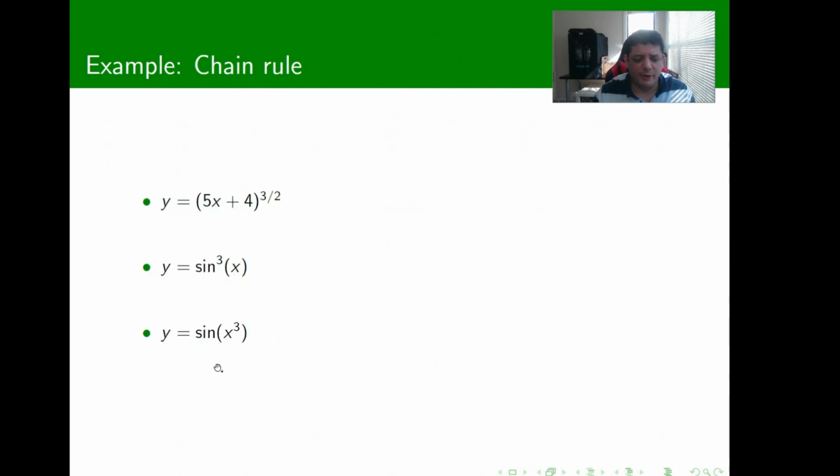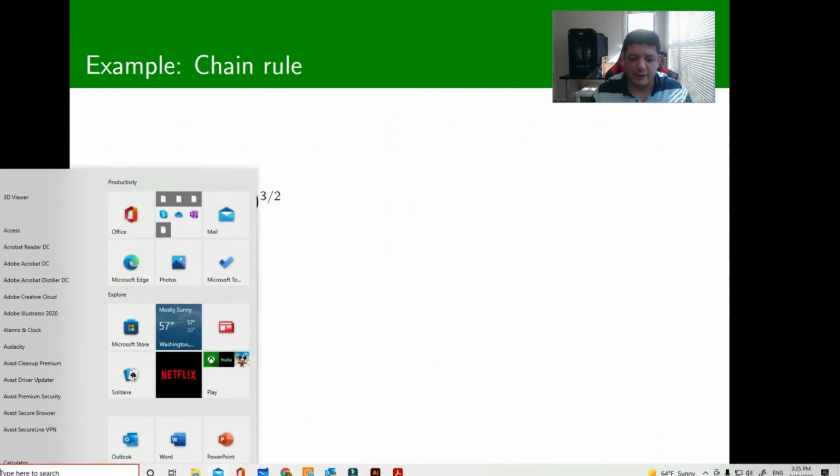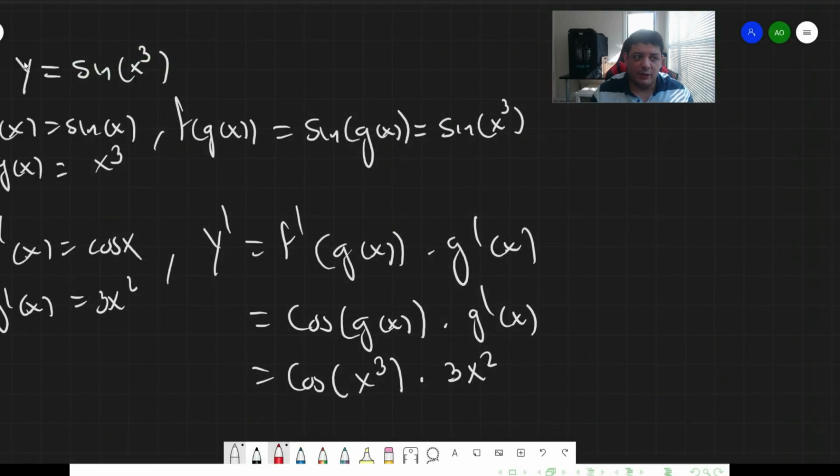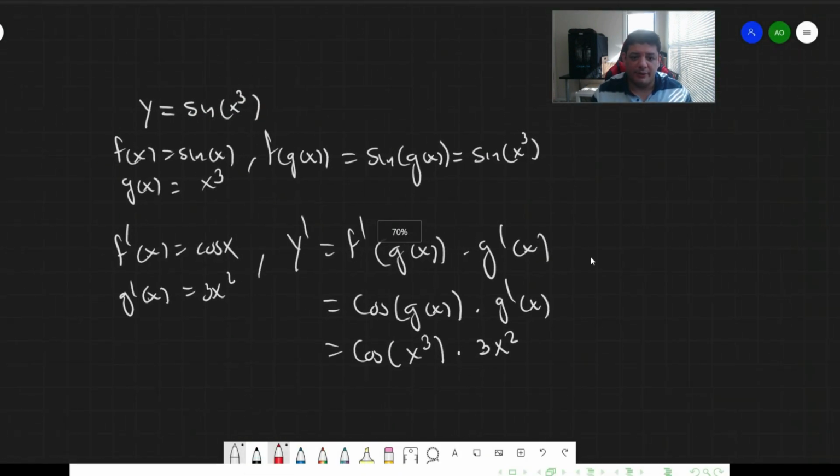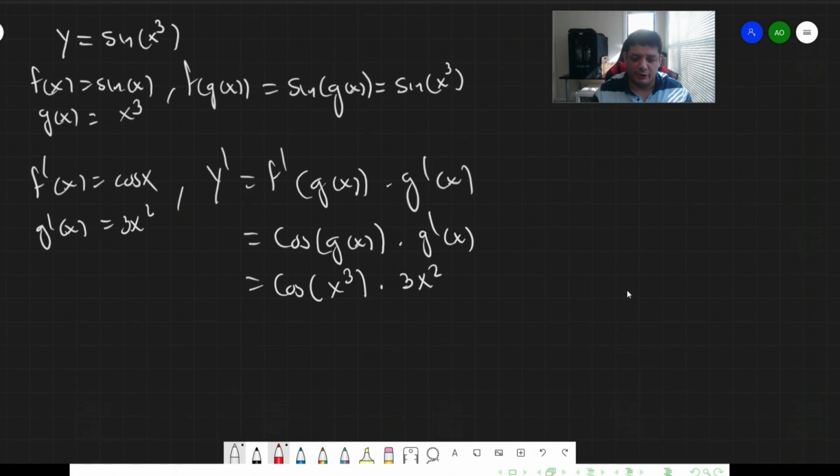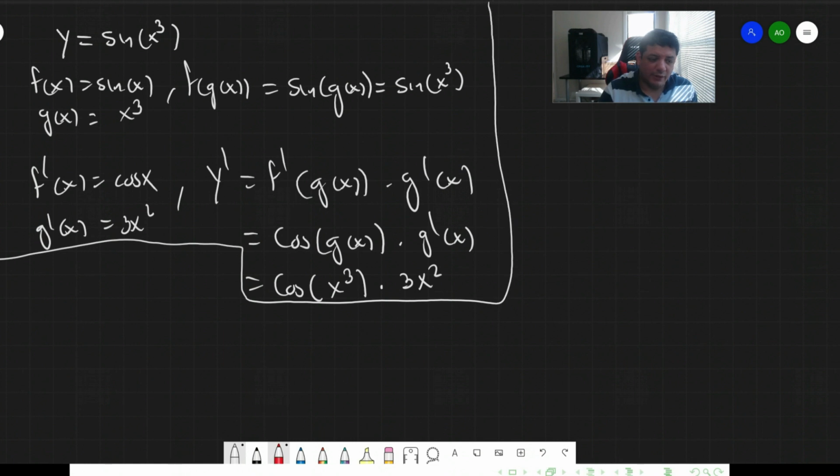Now, before I jump into the next part, let me do the same example using the other notation, the Leibniz notation. Okay, so let me have f of u be sine of u, thinking in that way, and now u equals g of x is going to be x cubed.